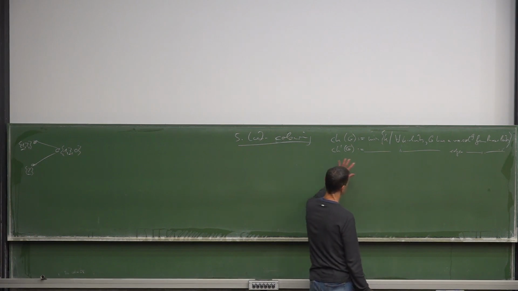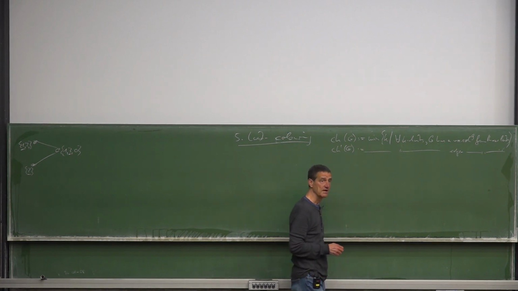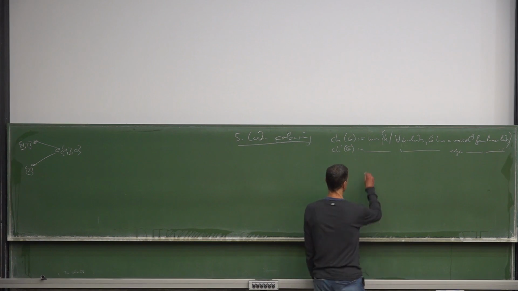Well, ordinary coloring, K coloring, requires us to color from fixed lists, those with colors 1 to K. And asking that we can color from any lists of size K is a harder problem, because our adversary can choose those lists. Right, so it's a harder problem than coloring.